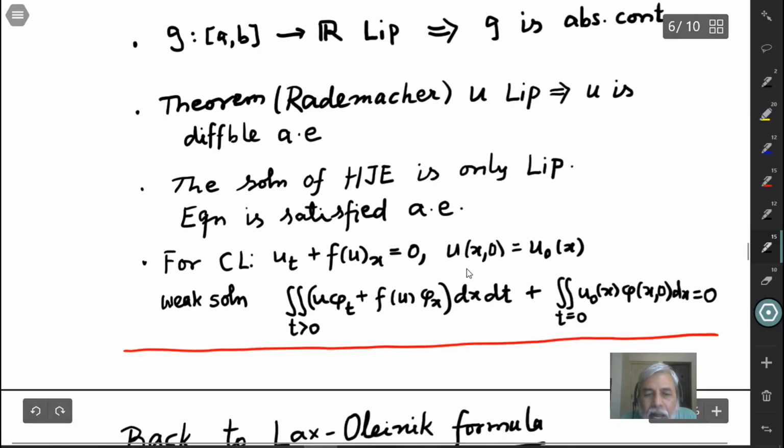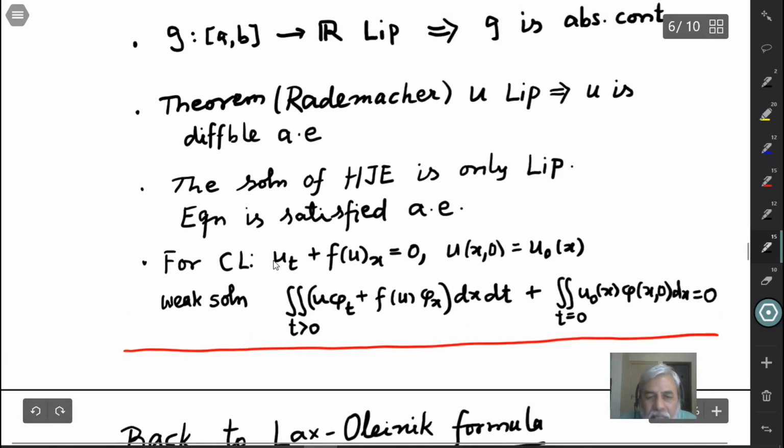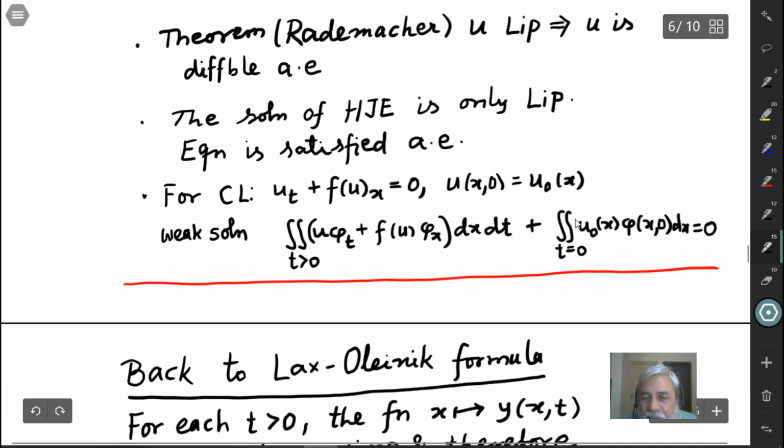And for the conservation law, our weak solution satisfies this integral relation, and since this is only an integral relation, it will be satisfied if u and hence f(u) are defined only almost everywhere. And that's what we are going to do.